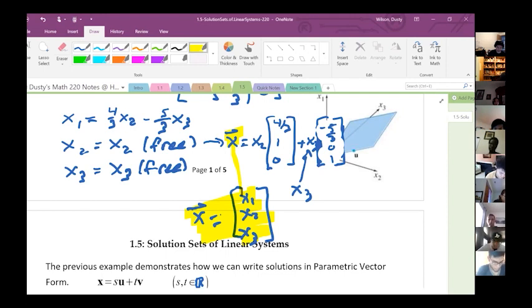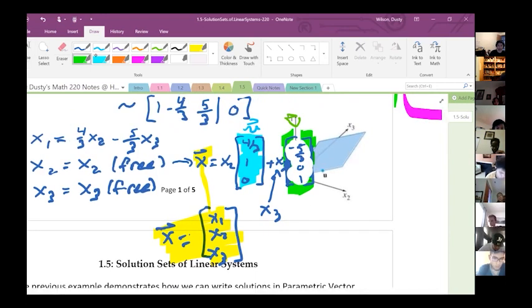You can think about this vector here as being like a u vector, and this vector here, the second one, that one right there, being like a v vector. Your u's are giving you stuff along this line, and your v's are giving you stuff along that line, and the plane is everything between them.